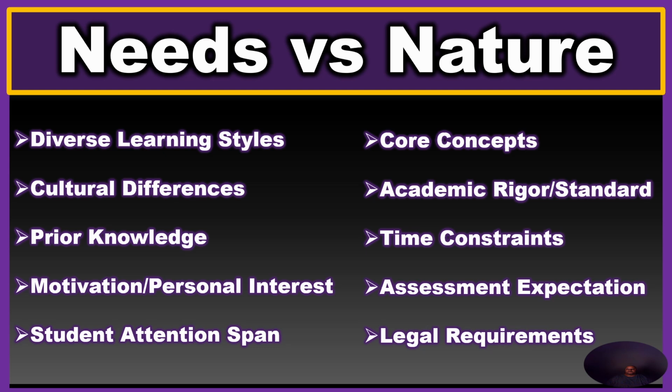This balance fosters engagement, deep understanding, and growth, ensuring students master core concepts while feeling supported and motivated to succeed. This balance happens when instruction honors both learner variability and the integrity of the discipline.